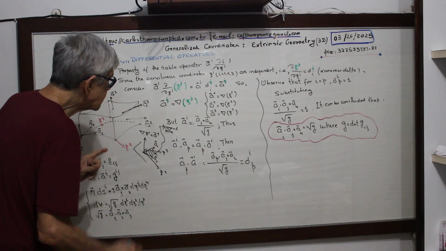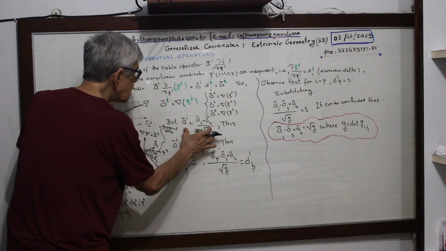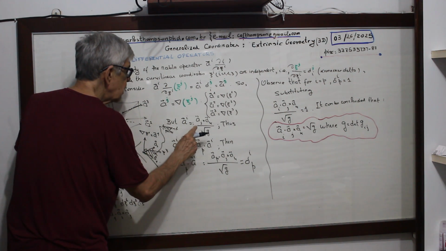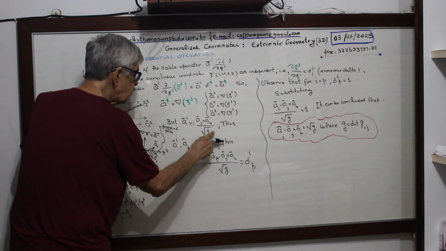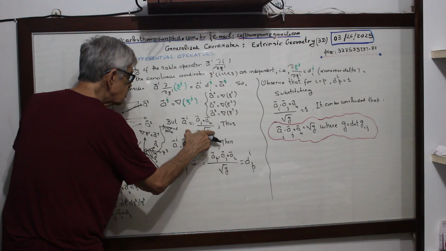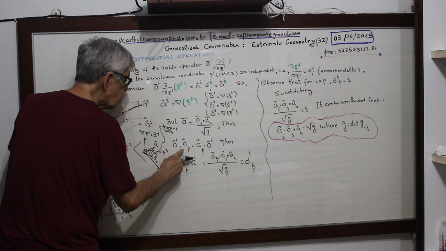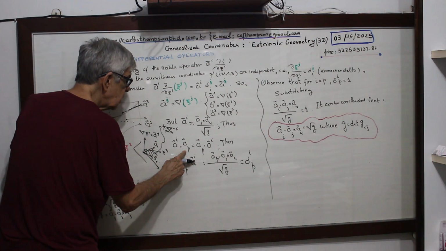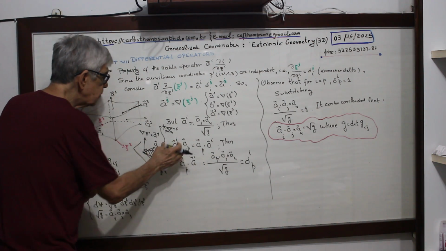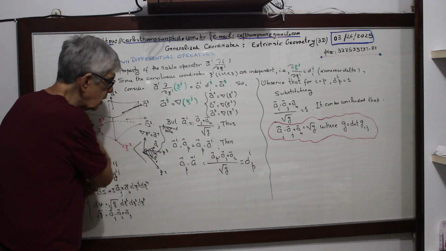So let's multiply both sides. Okay, this is the definition of AI: AJ cross AK divided by square root of G. So let's multiply both sides, the dot product, by AP. So AP here, AP over there. It's commutative, okay?